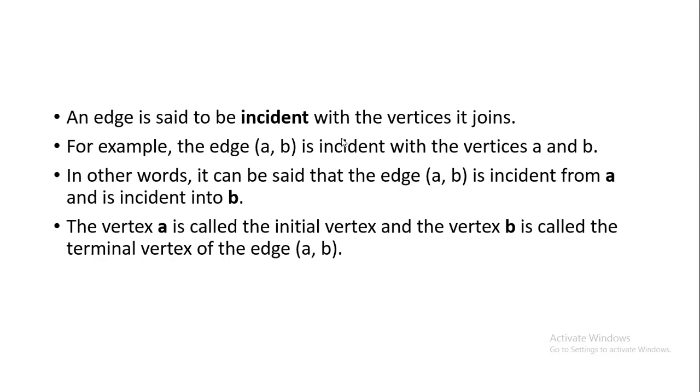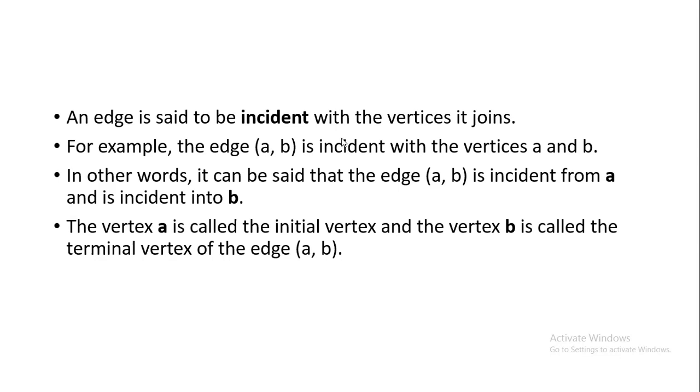For example, the edge AB is incident with the vertices A and B. In other words, it can be said that the edge AB is incident from A and it is incident into B. You can take another example, the edge CD.